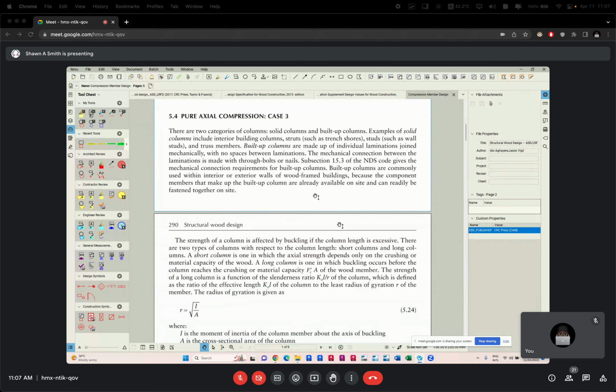It says here there are 2 categories of column: solid columns and built-up columns. I beg to tell you from now, we're looking at solid columns from solid lumber. We're not into the whole timber construction so much as to use built-up columns. Built-up columns mean when you use boards and nail them up and form a box.